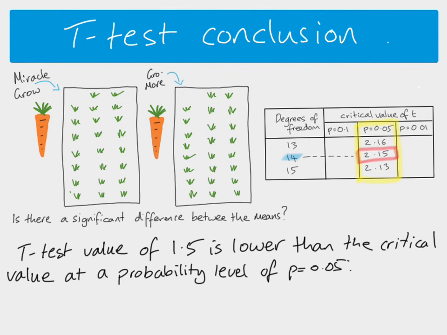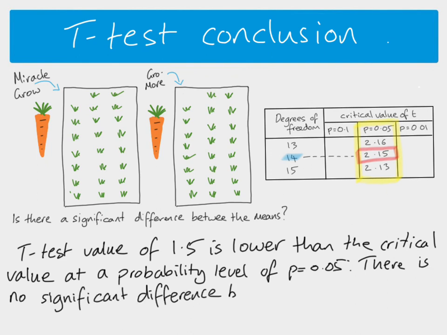So we can say that the t-test value of 1.5 is lower than the critical value of 2.15 at a probability level of p equals 0.05. Therefore, we can conclude that there is no significant difference between the mean values.